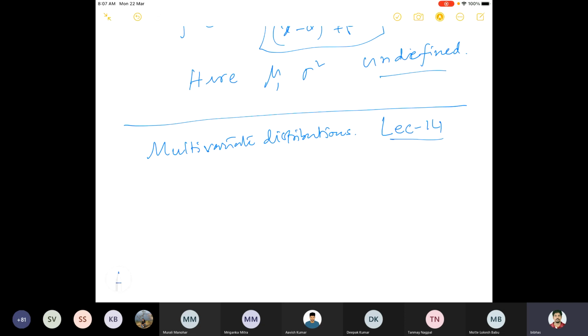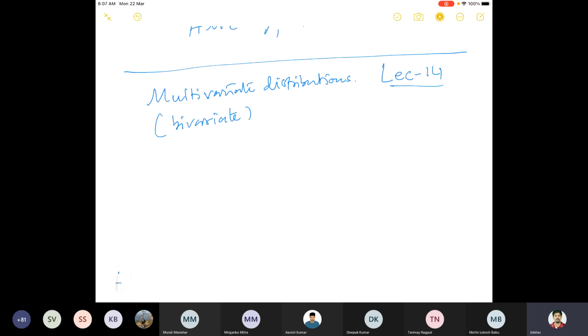In fact, we'll only talk about bivariate distributions. Here, you have probably heard of the words random vector, or random matrix.